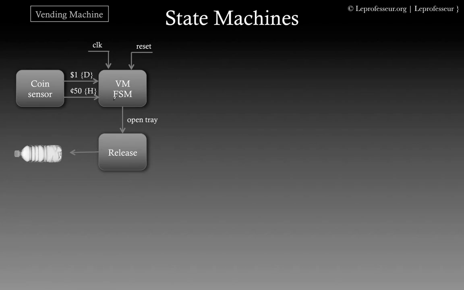Very simple. So now let's see how we can realize it in a state diagram. Initially reset is there, the vending machine has no coin, balance is 0 cents. After that, if you put a dollar, the machine moves to a state where it is counting a dollar. And if you put a 50 cent or half dollar coin, which we represent by input H, the machine moves into a 50 cent state.